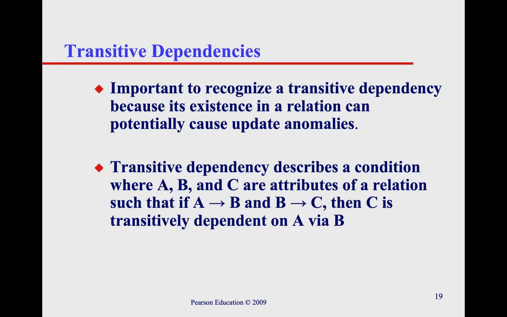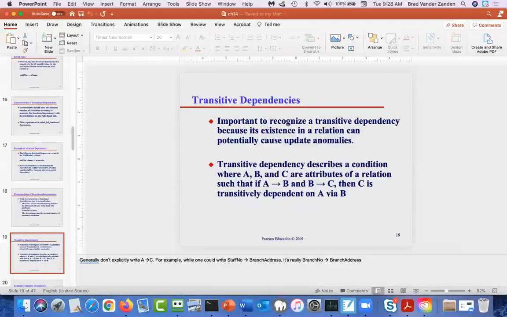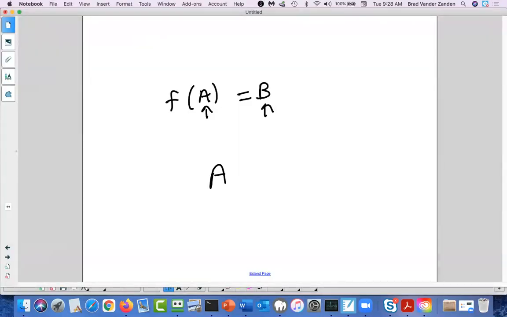So they are dependencies where A determines B and B determines C, and therefore A determines C. And so if you're not careful, you might end up trying to write that A determines C and model that explicitly, but you don't want to do that because you already have the fact that A determines B and B determines C.